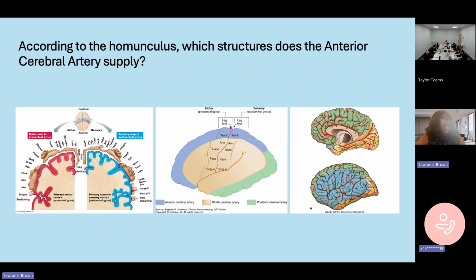As you can see, they're pointing right towards the middle part here. There's your leg and your foot, as far as the homunculus, it corresponds to here. And then along the lateral aspect, you have that hand, arm, face, and tongue. And that's all middle cerebral artery here.